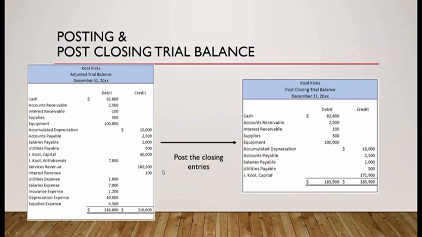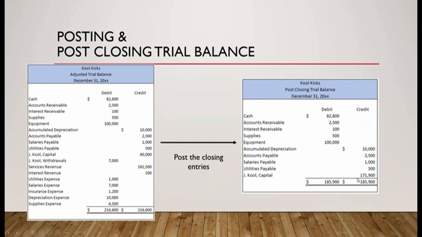After we do that, we complete the posting process. We can prepare another trial balance, and that is our post-closing trial balance. Notice that all we've done is we've gotten rid of withdrawals, revenues, and expenses, and we've dumped them all into the capital account.